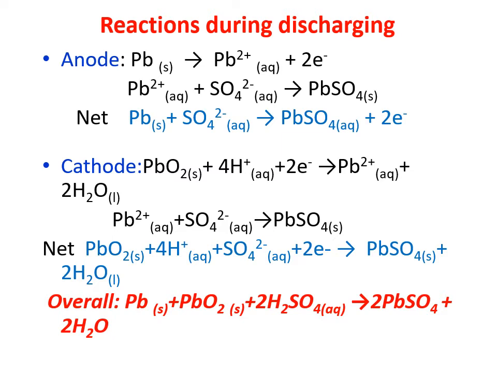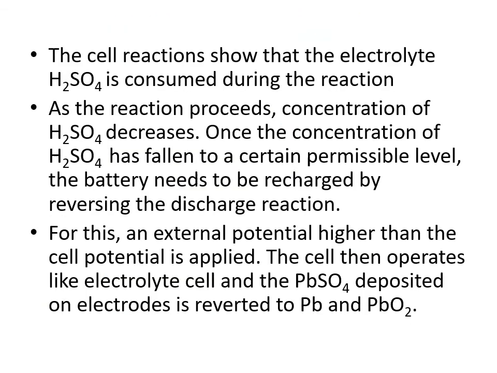Overall discharging reaction of a lead acid cell can be written as Pb plus PbO2 plus 2 H2SO4 gives 2 PbSO4 plus 2 H2O. So this is a discharging reaction of a lead acid cell. The cell reactions show that the electrolyte H2SO4 is consumed during the reaction. As the reaction proceeds, concentration of H2SO4 decreases.